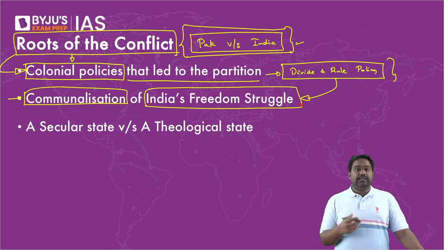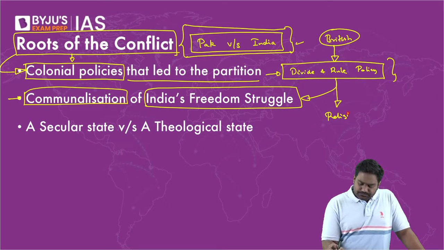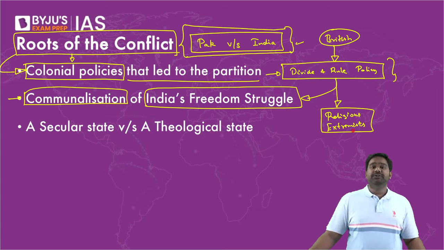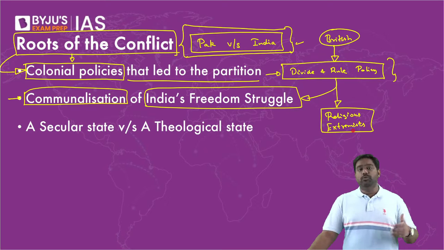The Indian society was strongly polarized on communal lines, and this was a deliberate policy of the British. They would encourage religious extremists on both sides, especially after 1857, after the first war of Indian independence. Britain was very serious about controlling the Indian colony and breaking up the Indian national movement.